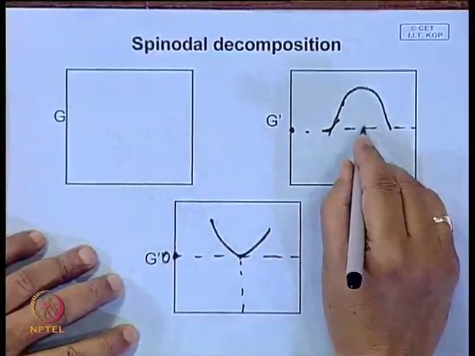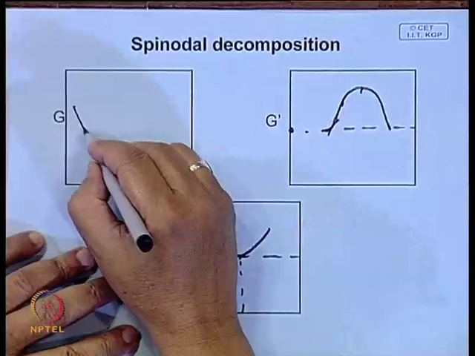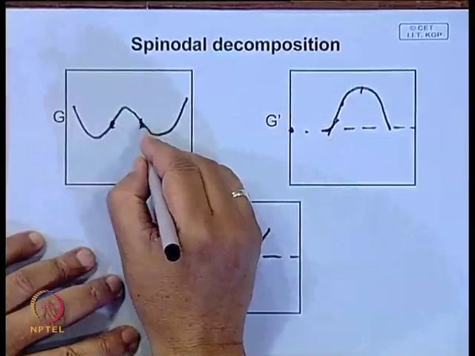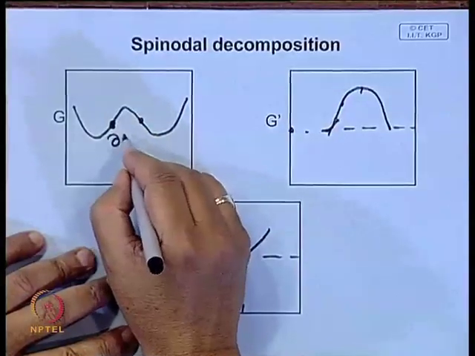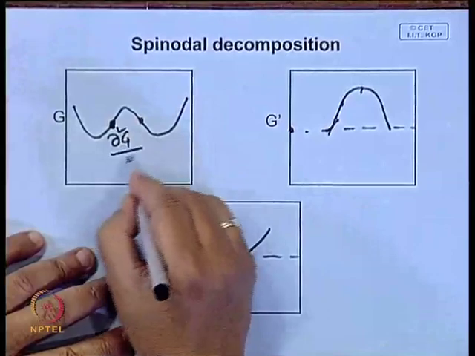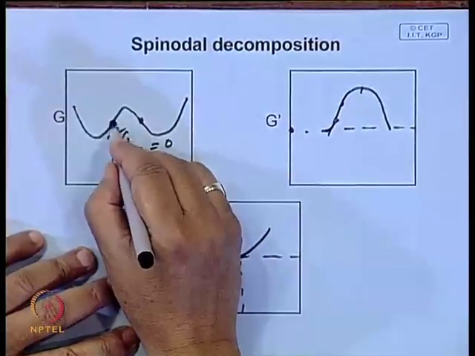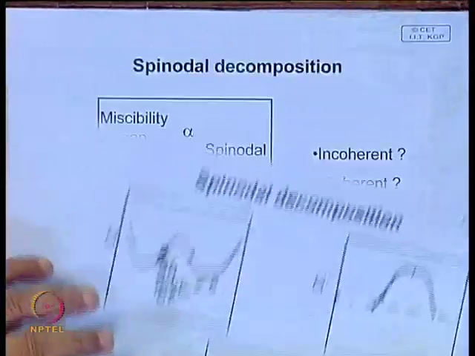So, there is a composition where there is an inflection point, in this free energy composition diagram, where the double differential d2G is 0. This is the inflection point and this point is called spinodal.